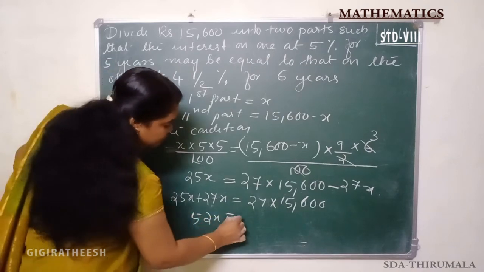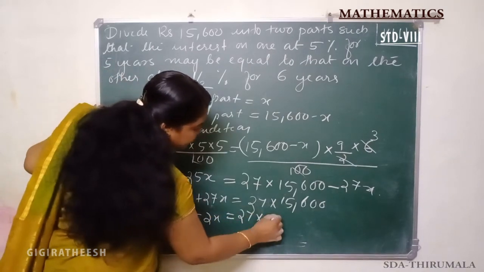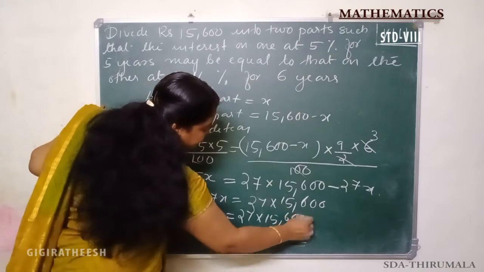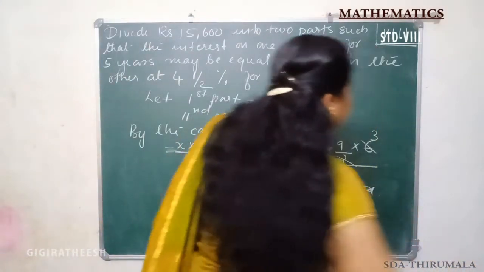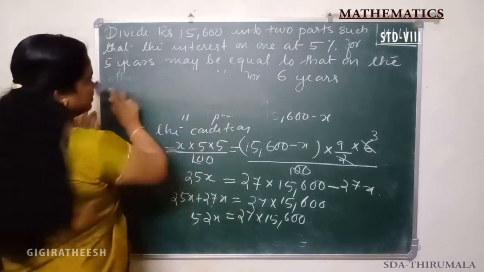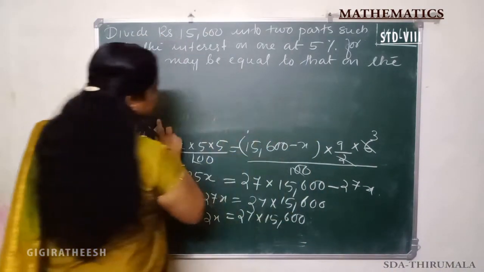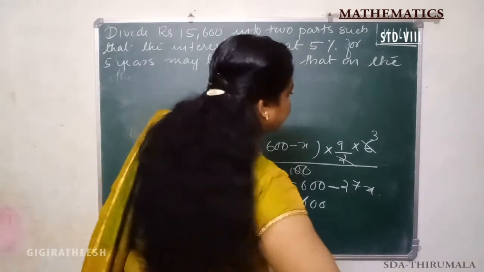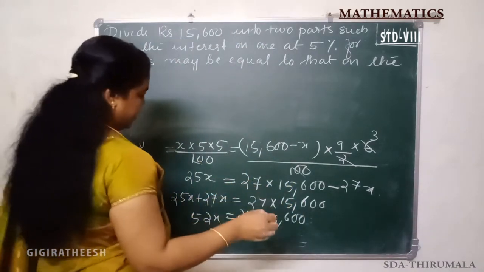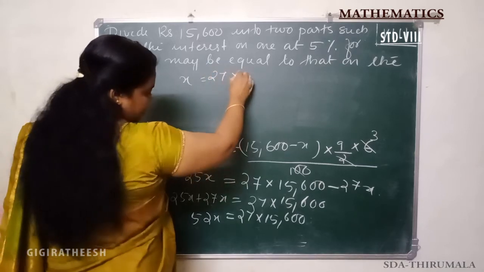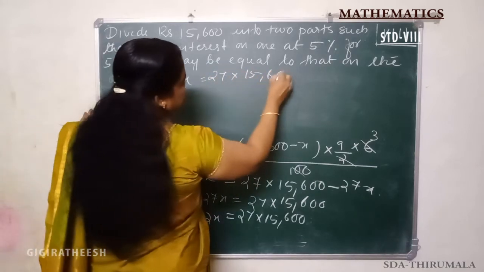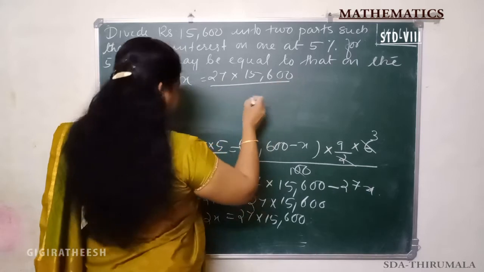So 52x is equal to 27 into 15,600. Dividing this, x is equal to 27 into 15,600 divided by 52.